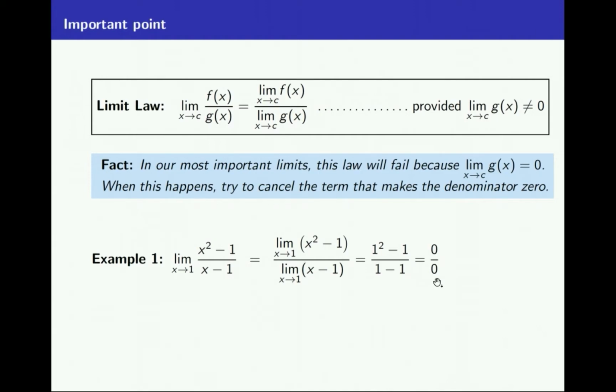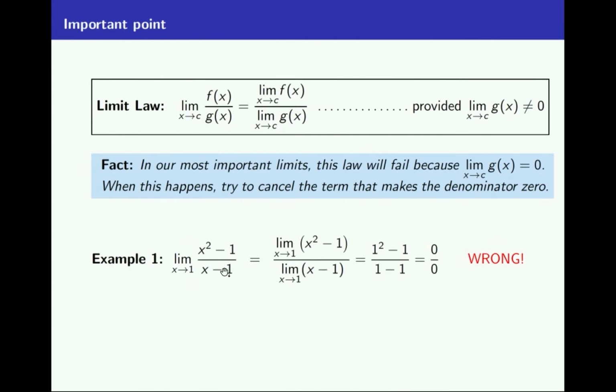Now, 0 over 0 is not defined. It makes no sense. So this approach is wrong, and the thing that went wrong is precisely the fact that we didn't have license to apply this limit law for quotients. It only works provided the limit as x approaches c of the bottom function g of x is not 0, and here the limit as x approaches 1 of the bottom function x minus 1 is 0.